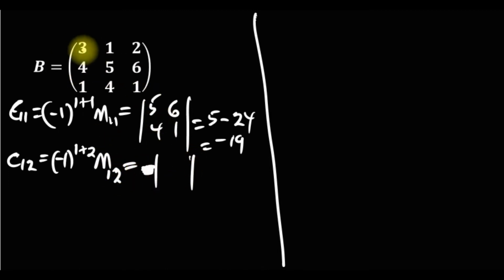Deleting first row, second column, we have 4, 6, 1, 1, which is, instead of 4 minus 6, now 6 minus 4 because of the negative sign. So 2.